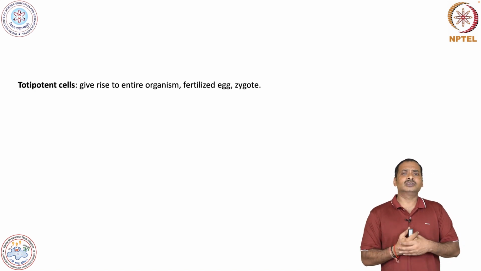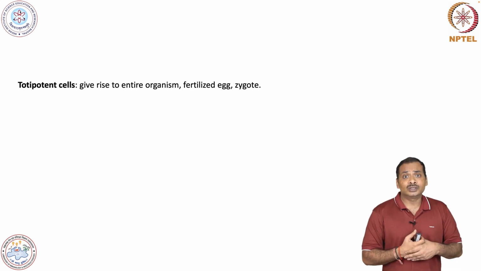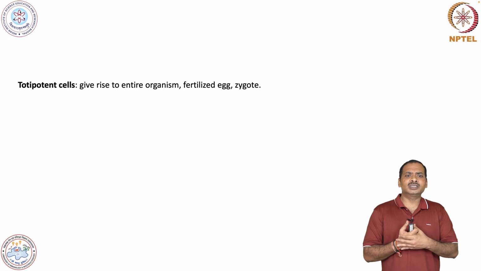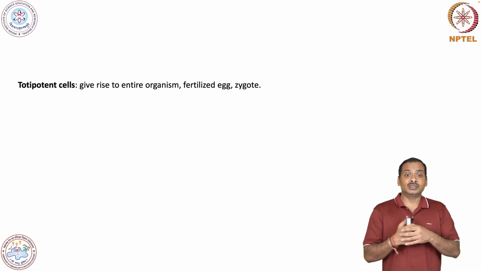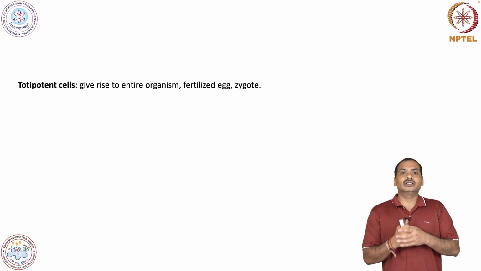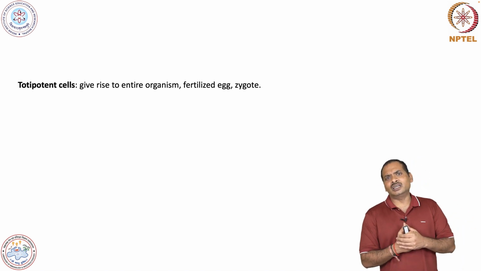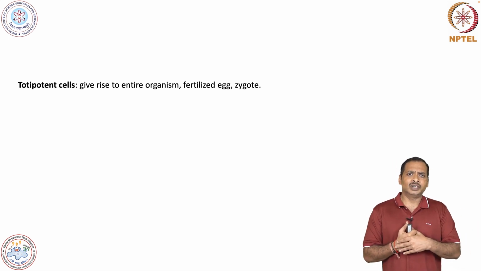Okay. Now I will talk about various types of stem cells. So, these are totipotent cells. A totipotent cell is basically derived from the fertilized egg. Okay. So it is basically the cell at an early stage immediately after fertilization.